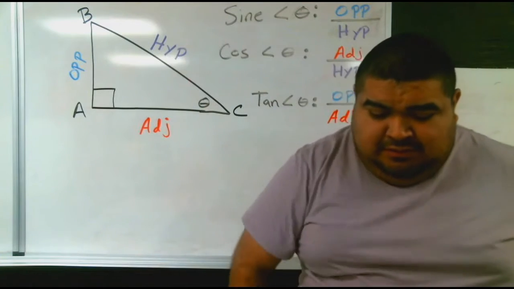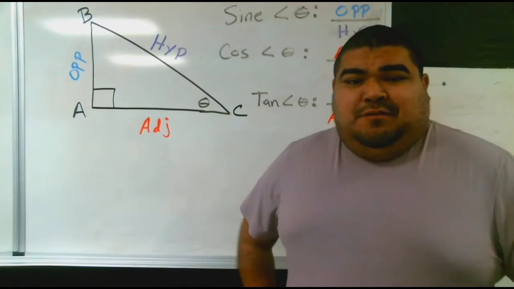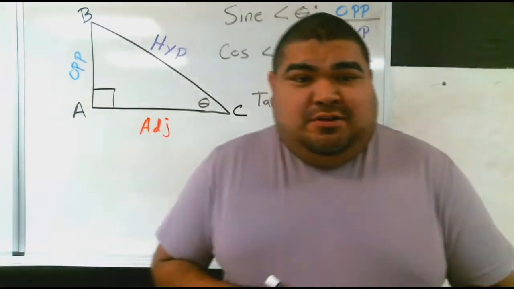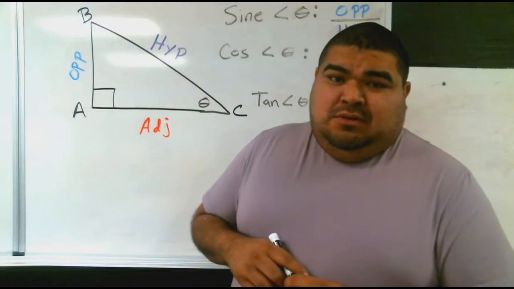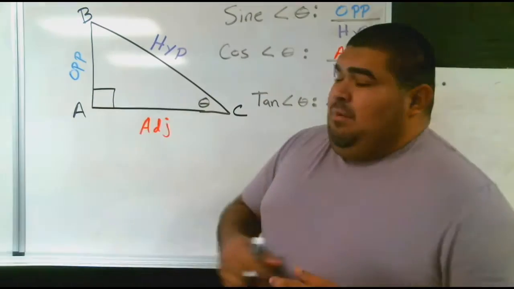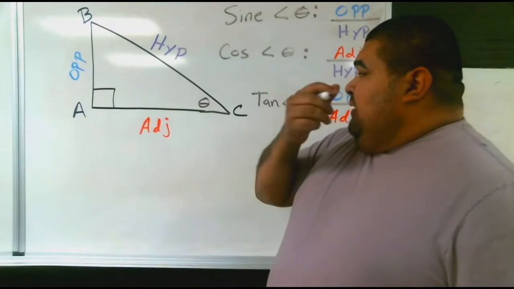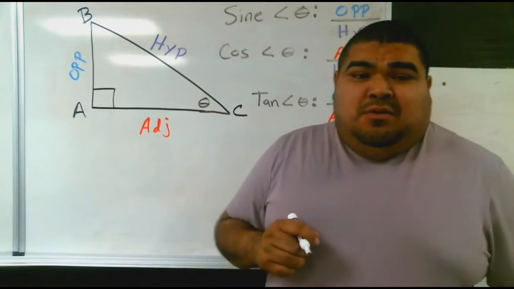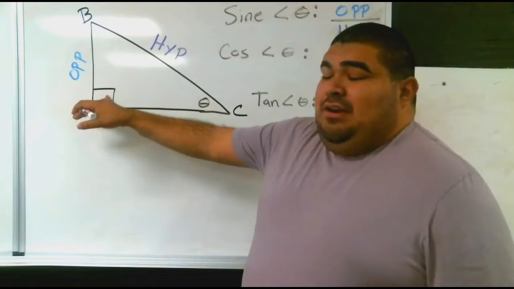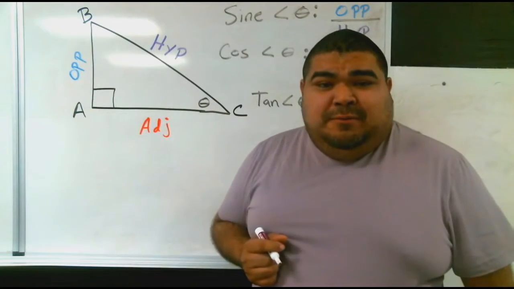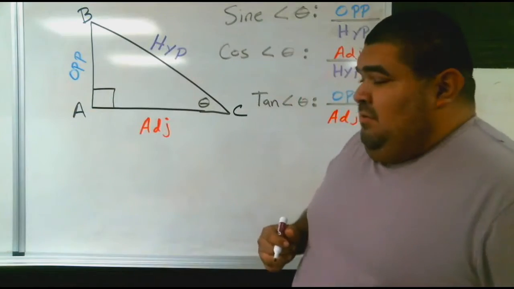Now, here's the fun part. If I were to have another triangle here, or we can even use the same one, in another color so you can see the difference. Let's say we have this triangle. First of all, we know it's a right triangle because it has the square, which makes a 90-degree angle.